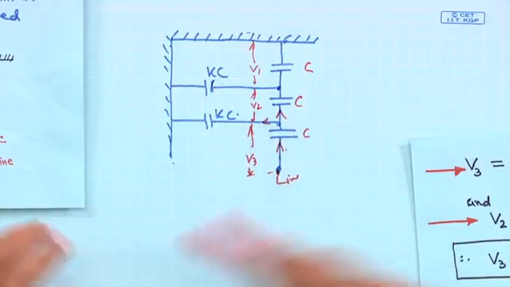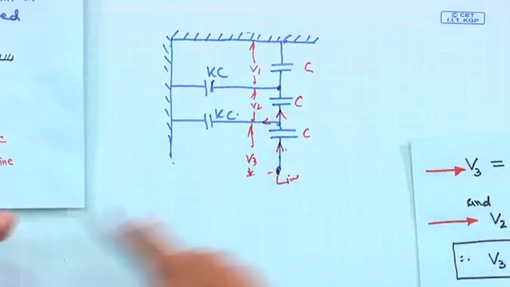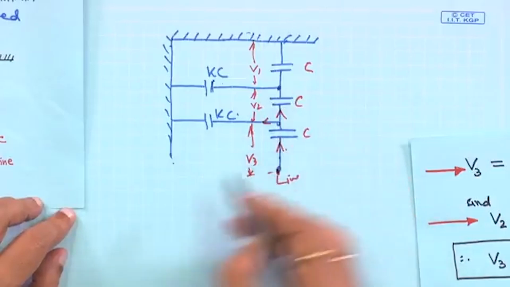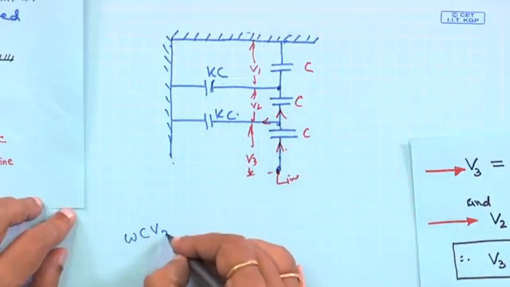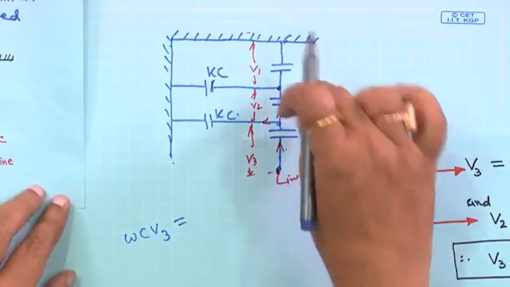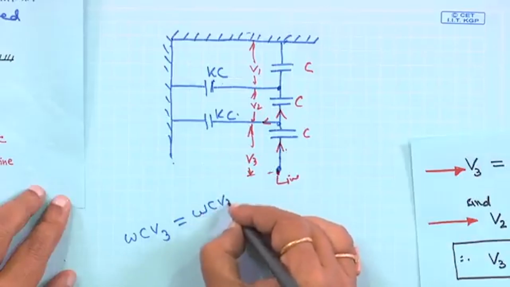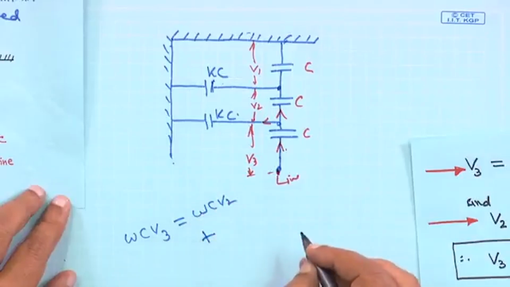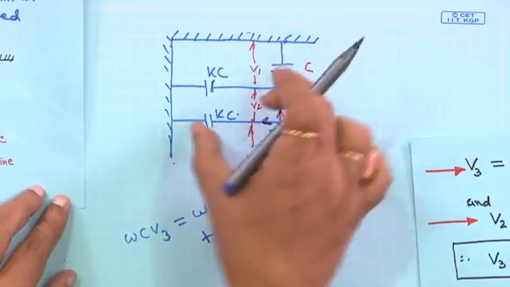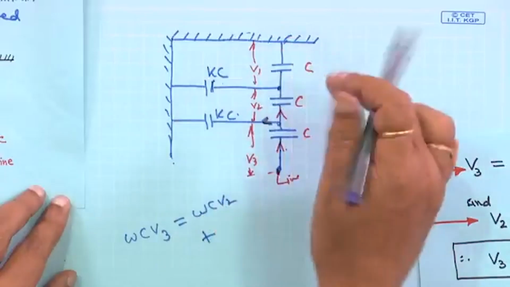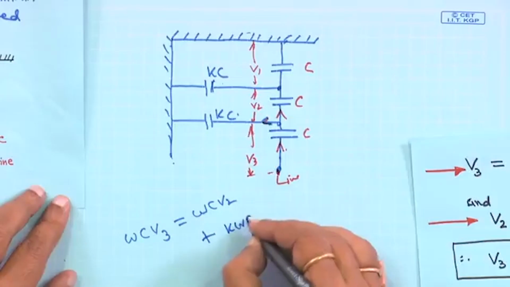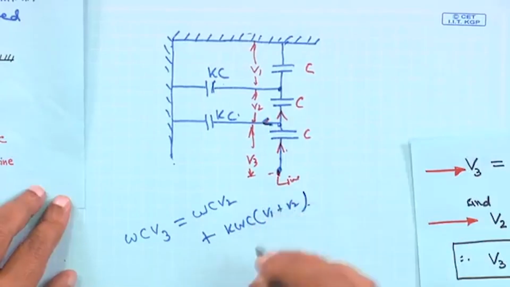So, when you write the equation, the voltage across this is V3, so this current is omega c V3. It is equal to this current, omega c V2, plus now this current. The voltage at this common point is V1 plus V2, that means plus k omega c into V1 plus V2.